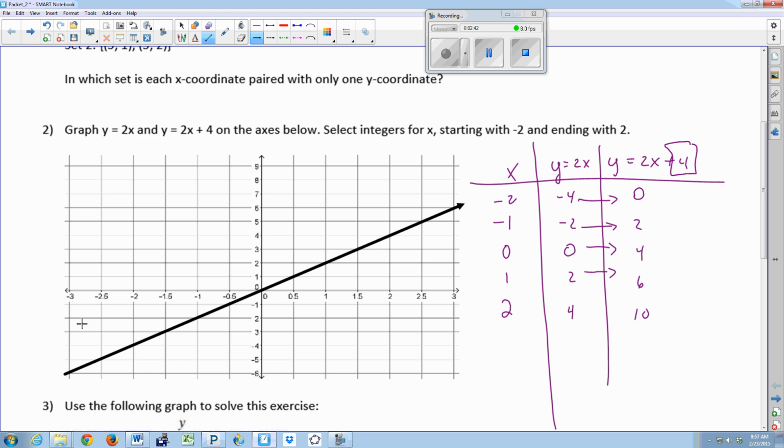I get another line, but all your y values are just exactly 4 higher. So it would be like that. What was -1 at? 2. 2 is at 4. So something like this. Those two lines are parallel. So there's just a distance of 4 between all your y values.